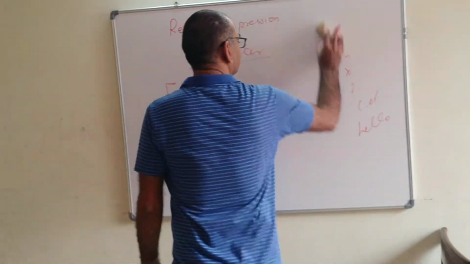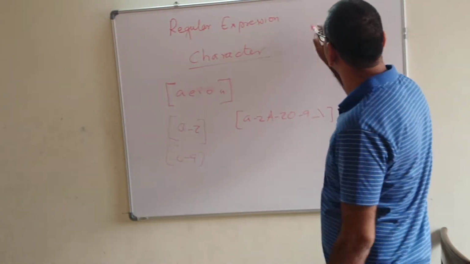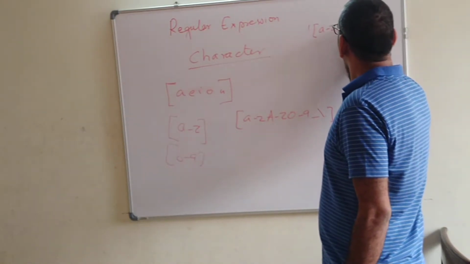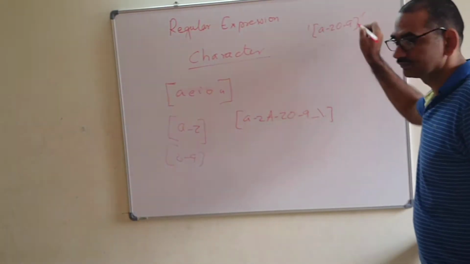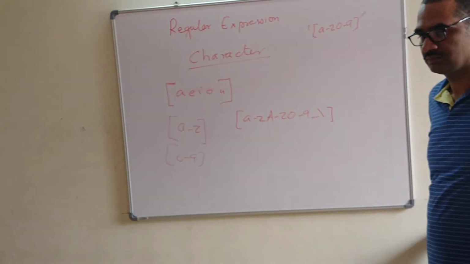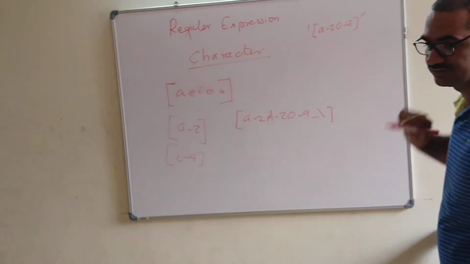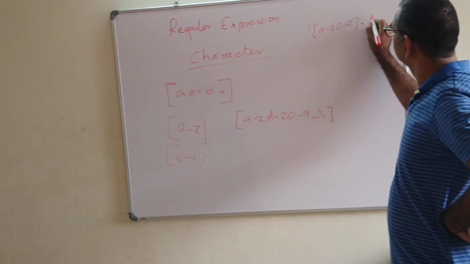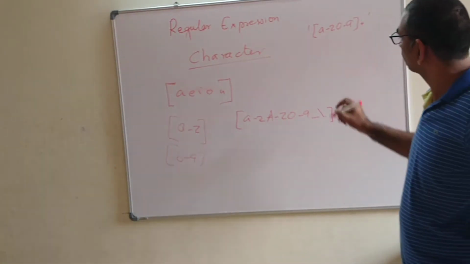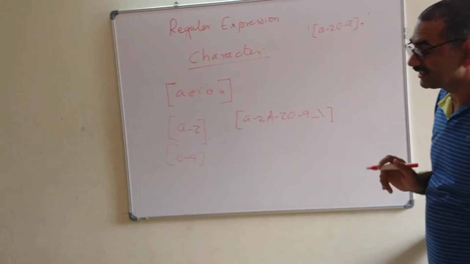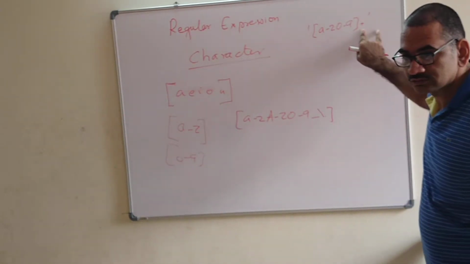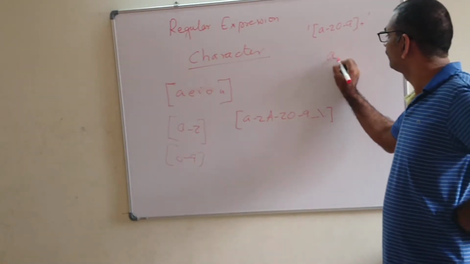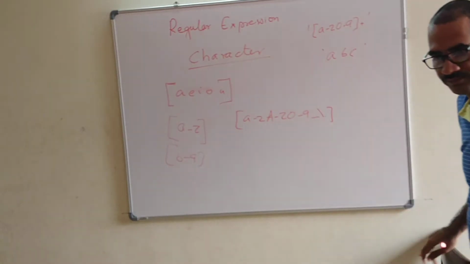So, for example, I give a pattern like this, with a plus. Now in this case, what will match? It is saying one or more of any of these characters. If I give ABC, it will match.